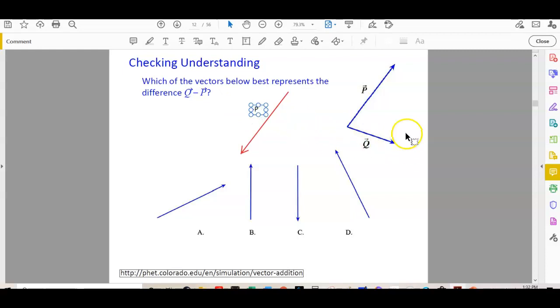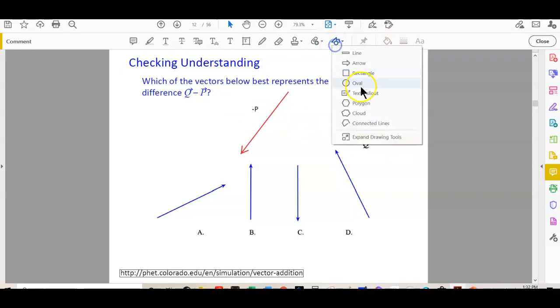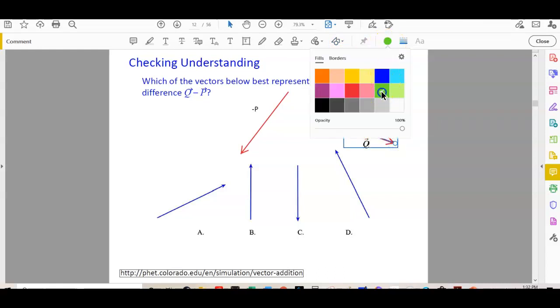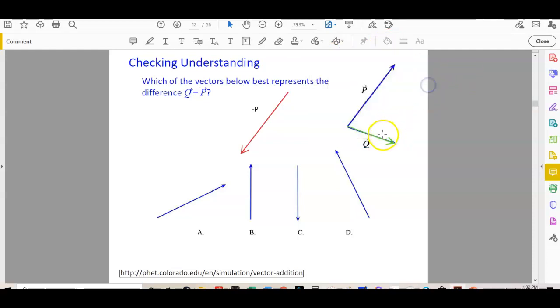Okay? Well, let's measure out our positive q vector, and in this case our positive q vector is not going to be reversed because we're doing q minus p. So we're going to leave this as a positive q vector. Okay.